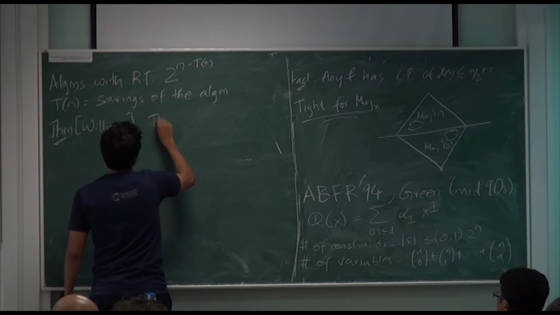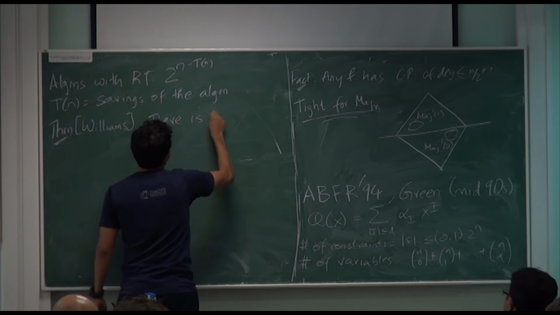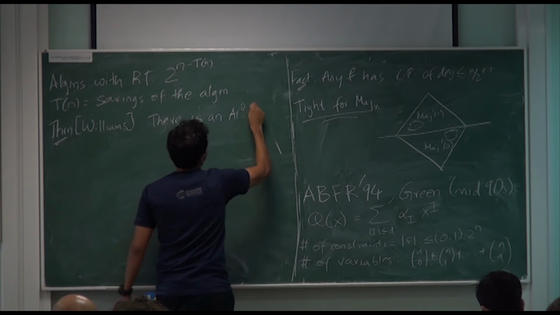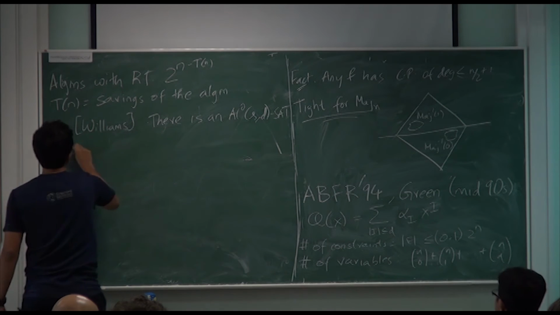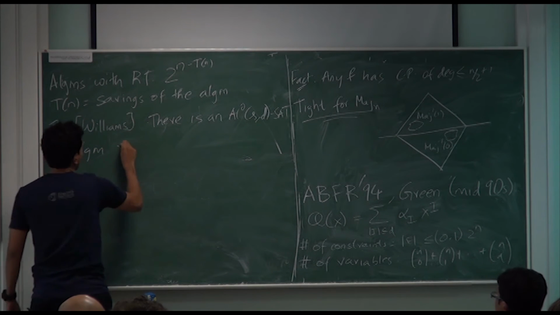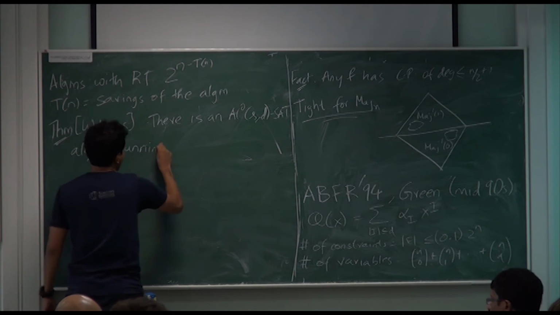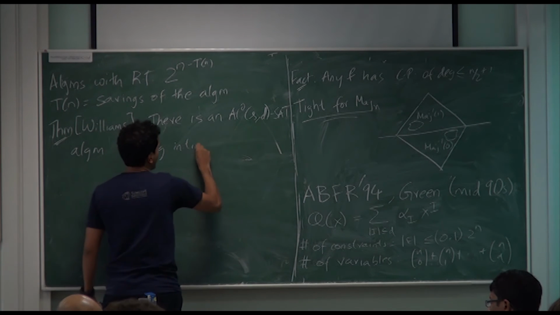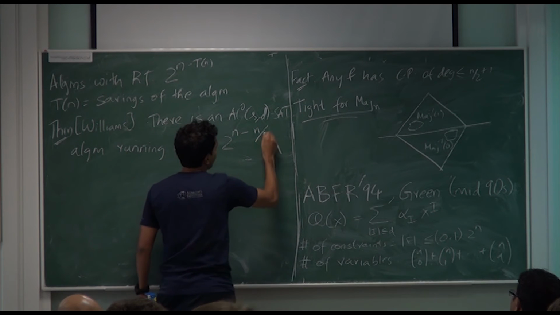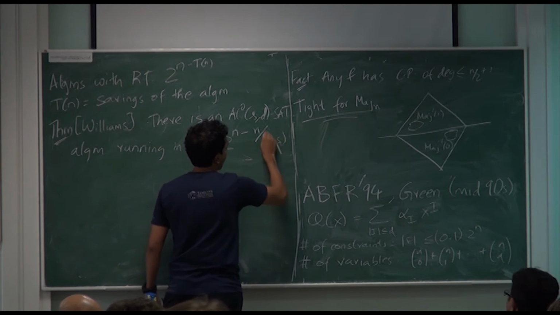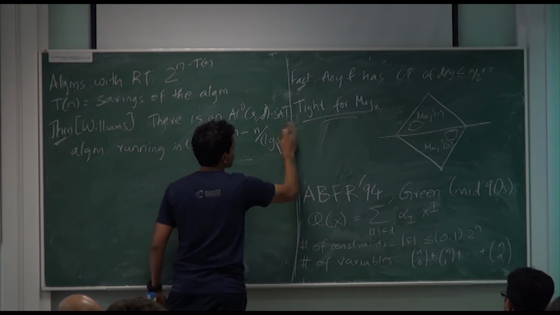It says that there is an AC0 SAT algorithm running in time 2 to the n minus n over some polylog in the size of the circuit.